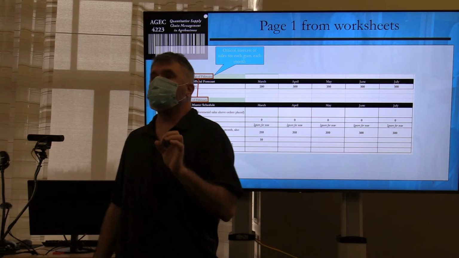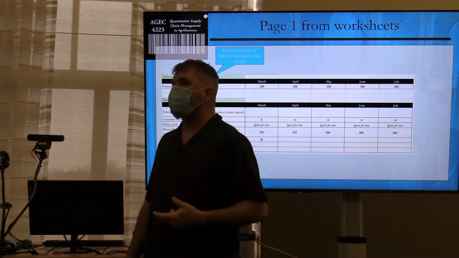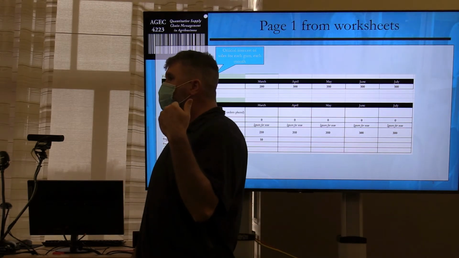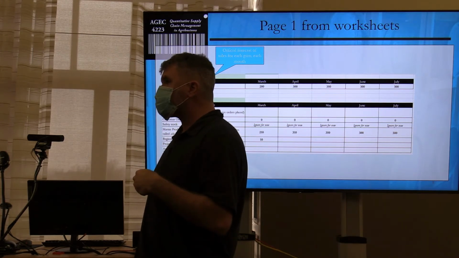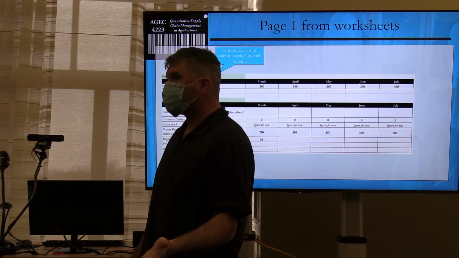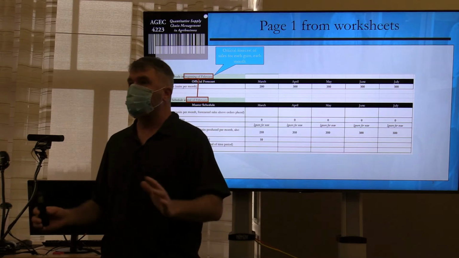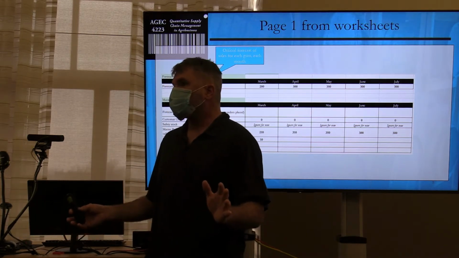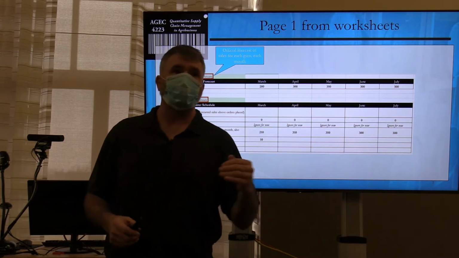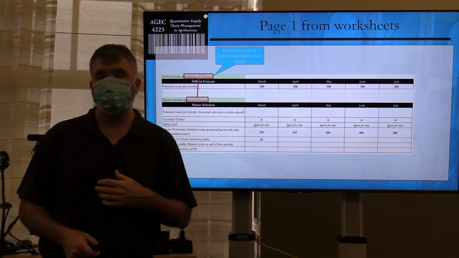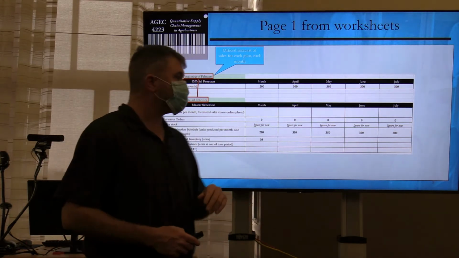When they were first putting together this table, they had to decide: are my forecasts going to include the orders or not? You can go either way. You just have to make really clear so people know whether the forecasts include orders or not. And in our case, it's not going to.